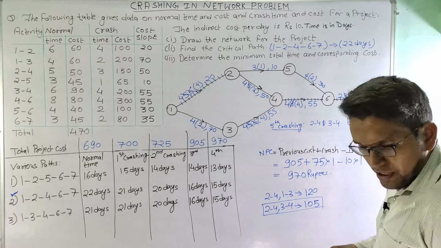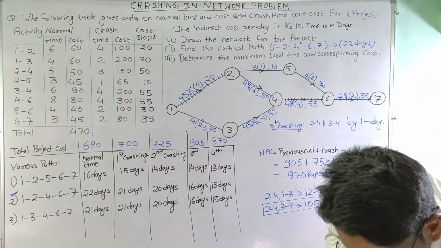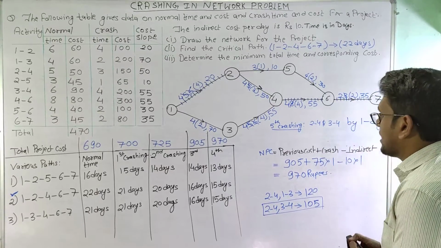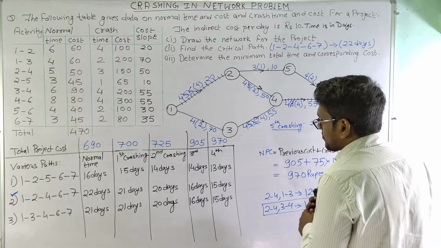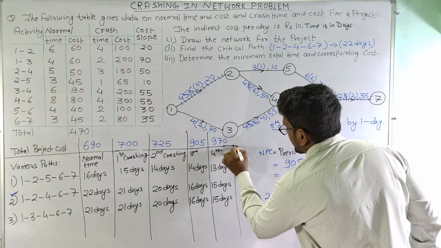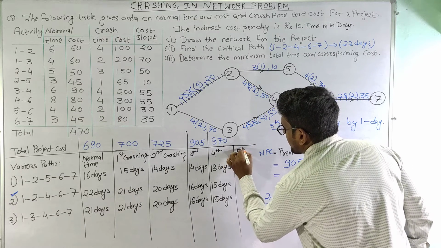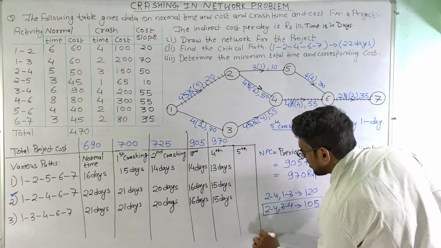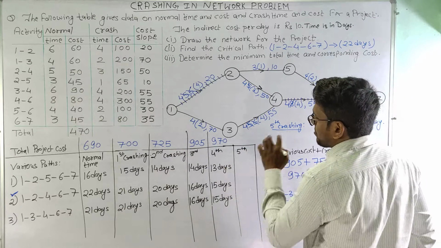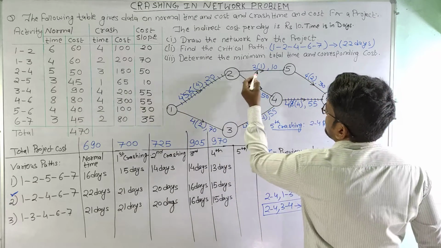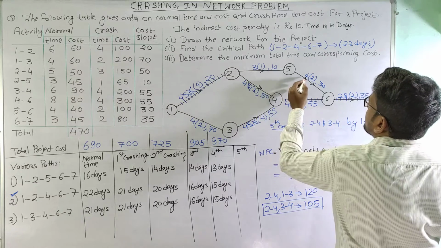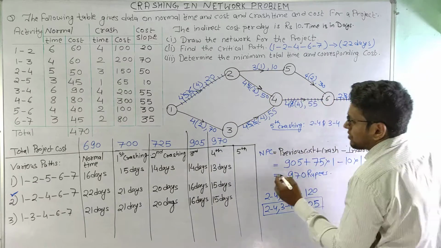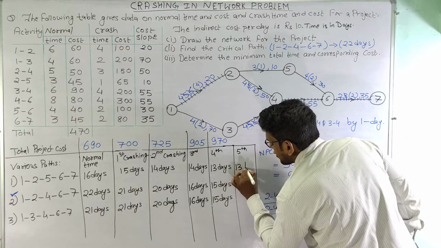Now let us calculate the time after fifth crashing. So after fifth crashing, the time for the first path is 4 plus 3 is 7, 7 plus 4 is 11, 11 plus 2 is 13. So this will remain 13 days.